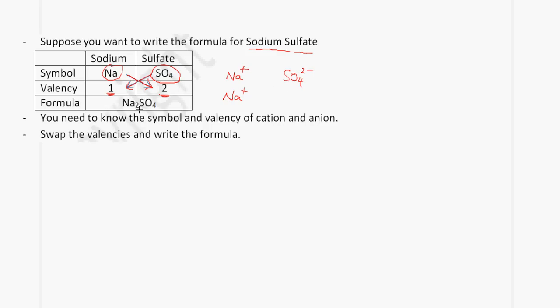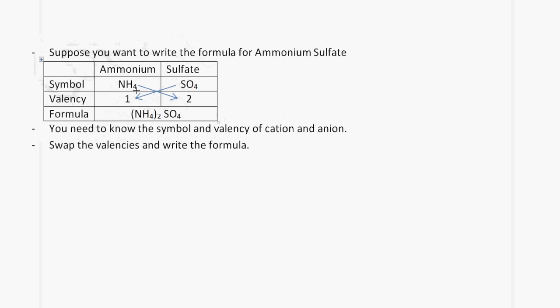Now, if we wanted to write the formula for ammonium sulfate, the ammonium symbol is NH4, sulfate is SO4. The ammonium ion has a valency of 1 and the sulfate has a valency of 2. We swap the valencies again and we end up with (NH4) taken twice SO4.